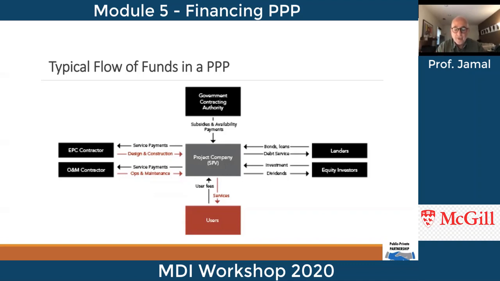finance of the project. As we said earlier, because equity is more expensive than debt, project shareholders use a high proportion of debt to finance the project. In each country this could be different, but as I said, it could be between 10 to 30% of equity injection, and the rest will be in debt.